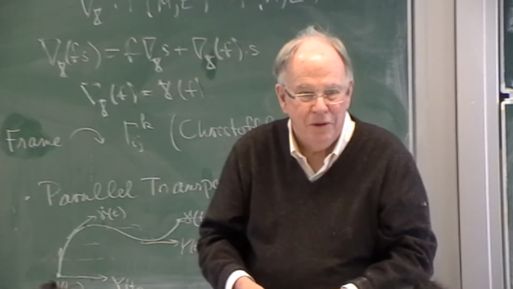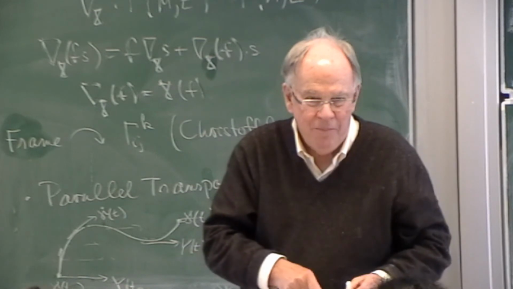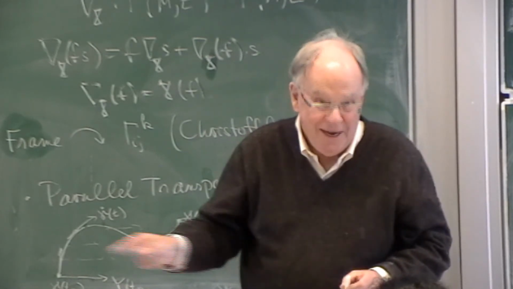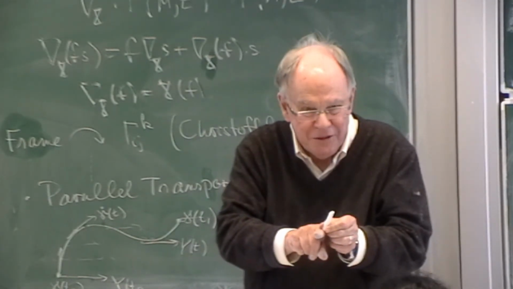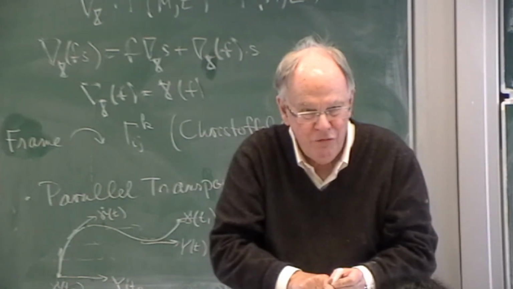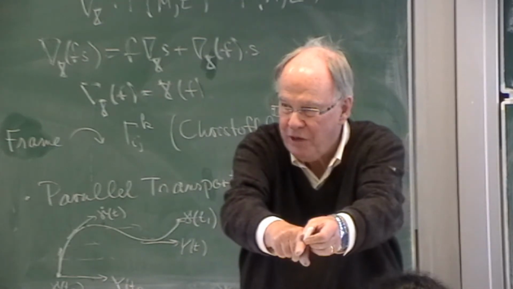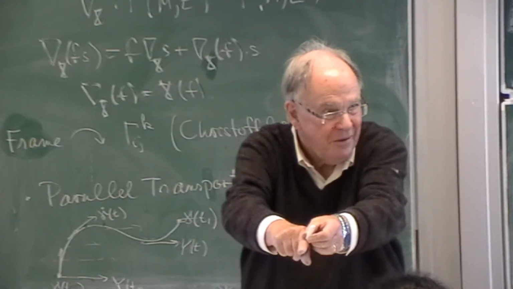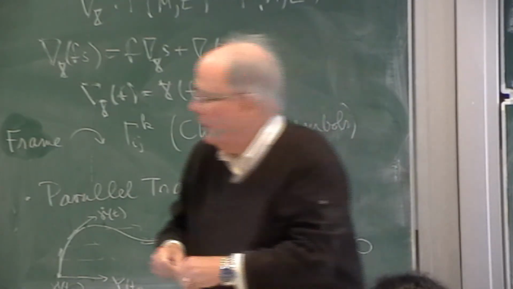What does it mean, isometry? It means the map. Let me write it down. You take these two vectors here, push them over here. The metric applied to the two vectors here is the same thing as the metric applied to the two vectors over here. Right? That's the word isometry.